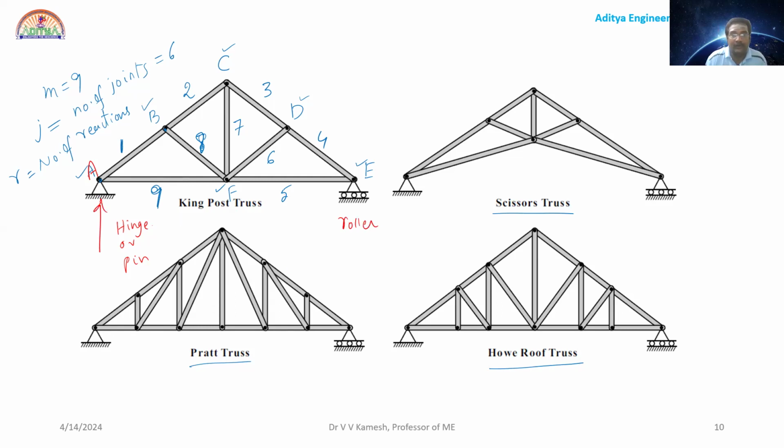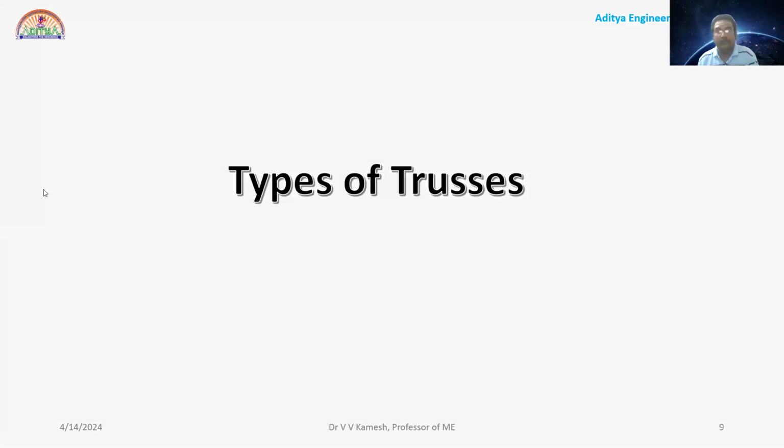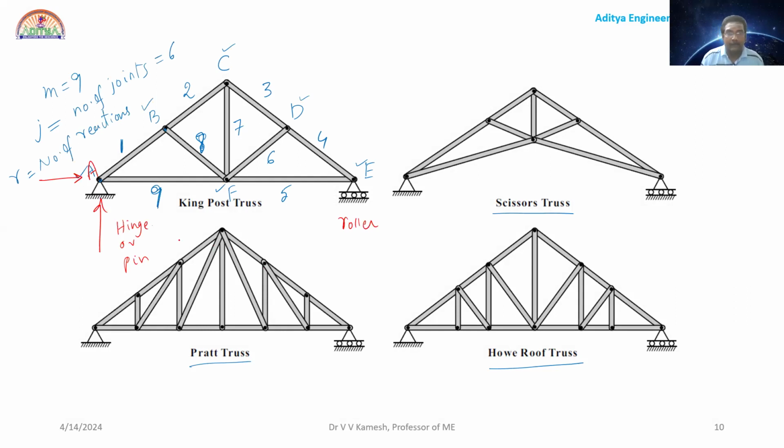One is the vertical reaction, the second one is the horizontal reaction. So this is HA and this is VA. Now at the roller, I have only one vertical reaction, so it is VB. Now how many reactions in your system? HA, VA, and VB. So 3. So r is equal to 3.